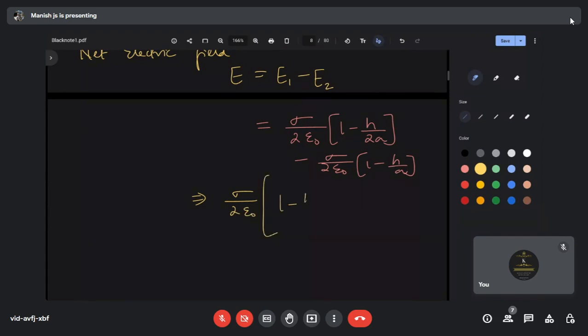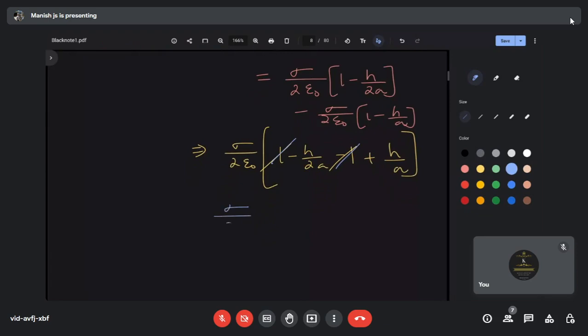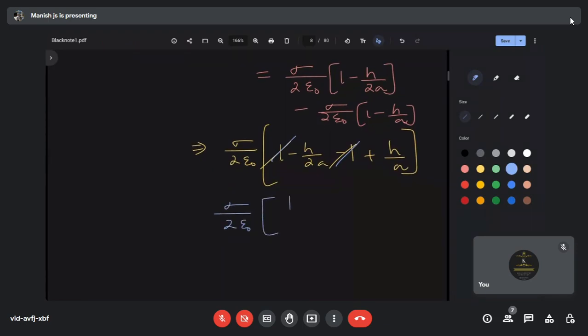Inside you have 1 minus h upon 2a, next minus of minus 1, so minus 1 plus h by a. Plus 1 minus 1 will get cancelled off, so the two terms go. So sigma by 2 epsilon naught within brackets you have h by a minus h by 2a.